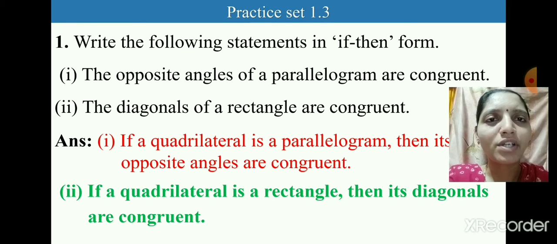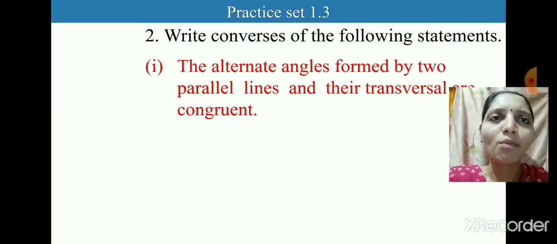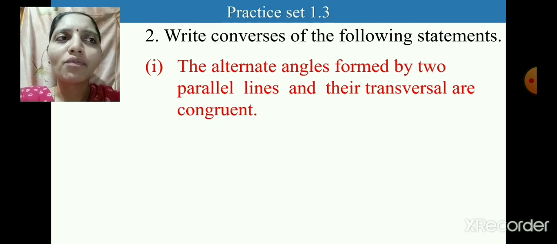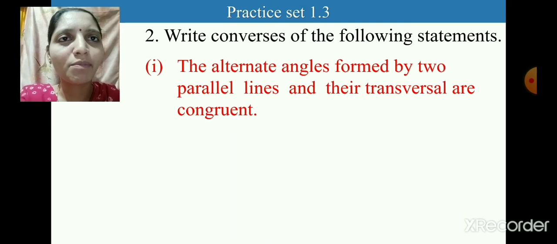Are you getting it? Now let's try to solve a few more problems from this practice set. See the second problem. Write the converse of the following statements. So we have learned about the conditional statement. Now we will learn how to write it in the converse form. First statement, the alternate angles formed by two parallel lines and their transversal are congruent.